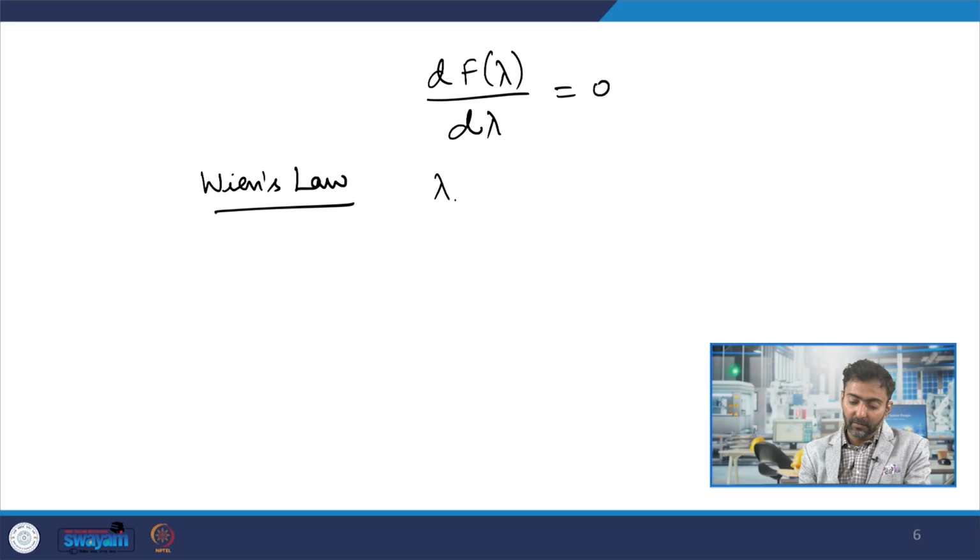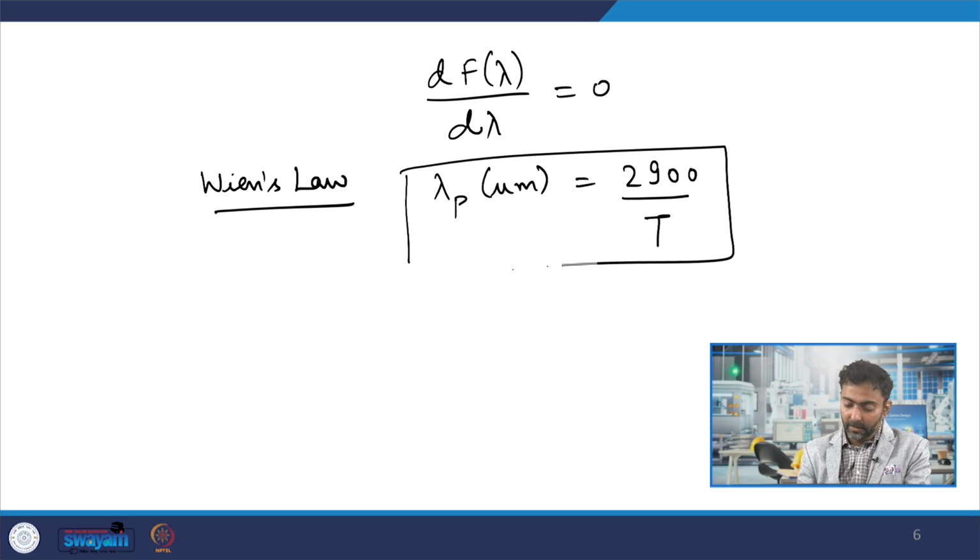This wavelength where the spectral irradiation peaks, we indicate by the symbol lambda p, and if I were to write it in micrometers, I can simply write it as 2900 by T, where T is the temperature of the black body. This is a very simplified equation, but a very useful one in this context.